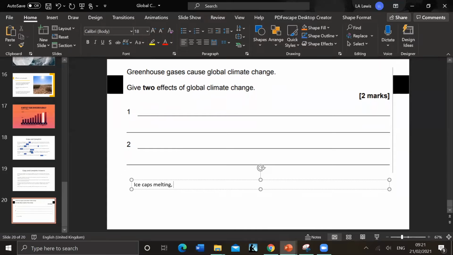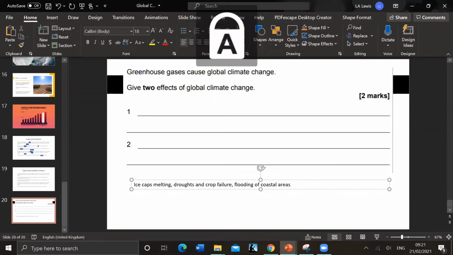Okay, so you could say droughts and crop failure. Okay, there's many in this list, isn't there, obviously. Flooding of coastal areas, loss of habitat for Arctic animals.